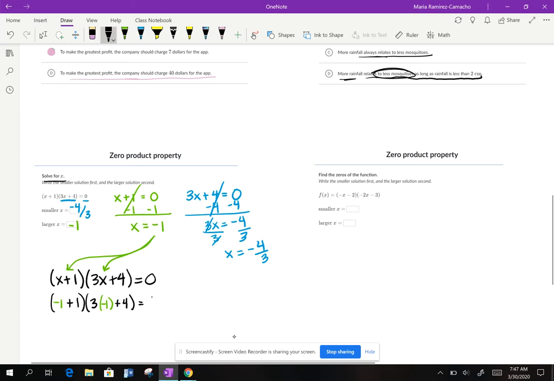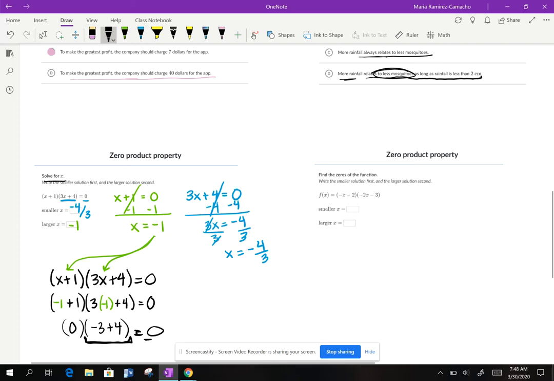When you simplify, -1 plus 1 is 0. In this second set of parentheses, you're going to get -3 plus 4. That doesn't even matter. 0 times anything is 0. So that makes that equation true.